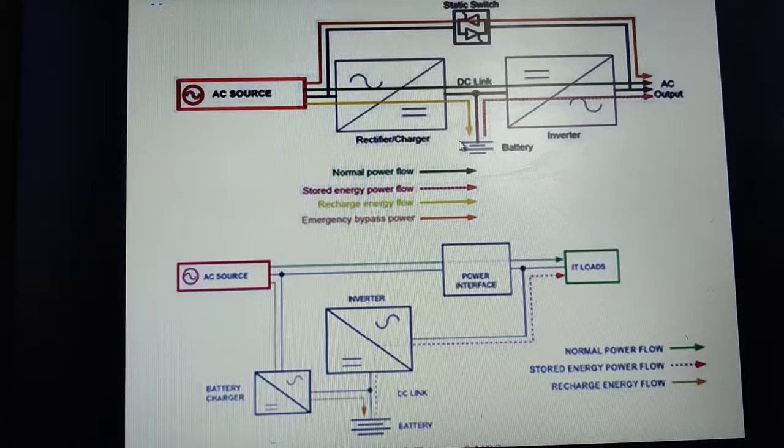So whatever charge is there in the battery, from that battery we will start accessing the power supply from the inverter of the online UPS, and then we will be able to experience the power supply. That's how it will help you to work for at least a few hours by the online UPS. I hope you are able to understand. This dotted line indicates the stored energy power flow.